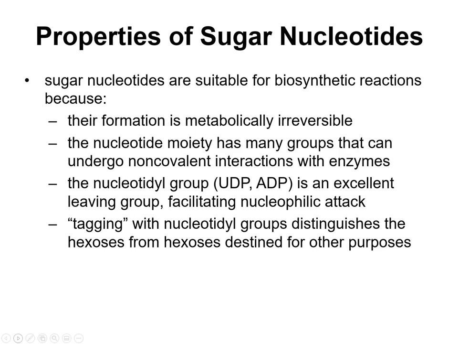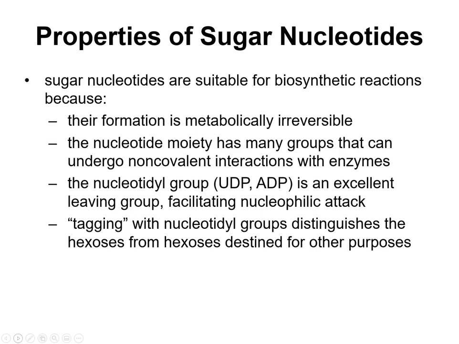So it gives the enzyme more surface so that it can create specificity for a particular substrate. The nucleotidyl group, so UDP, ADP, they're great leaving groups. So you can use these molecules to facilitate nucleophilic attack if you want to add a sugar to something else.